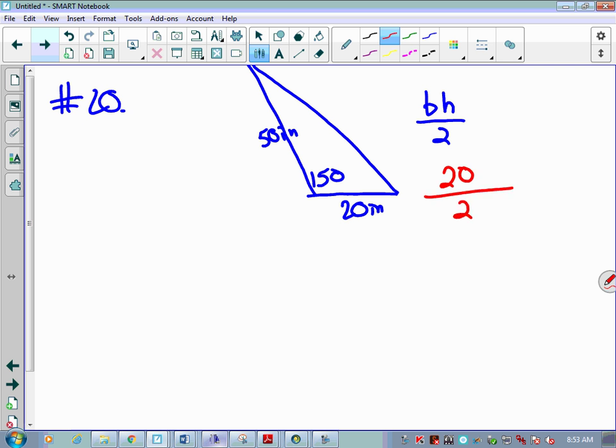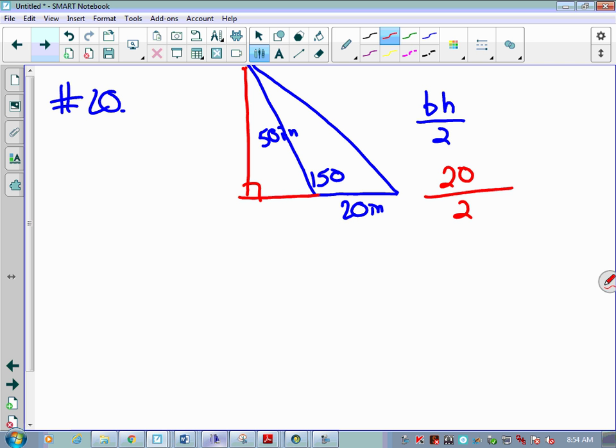We know we're going to have the 2. What we're trying to solve for is the height. Our height is our perpendicular line from the base to the opposite vertex. Sometimes that height line exists outside. So hopefully you didn't use 50 for the height. I'm guessing that's probably the mistake that would have been made, using 50.